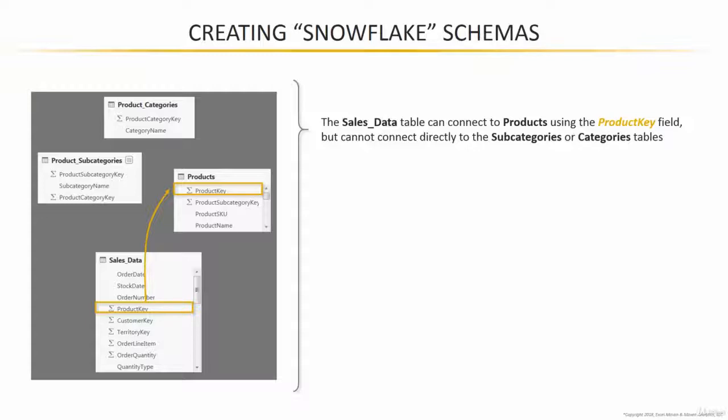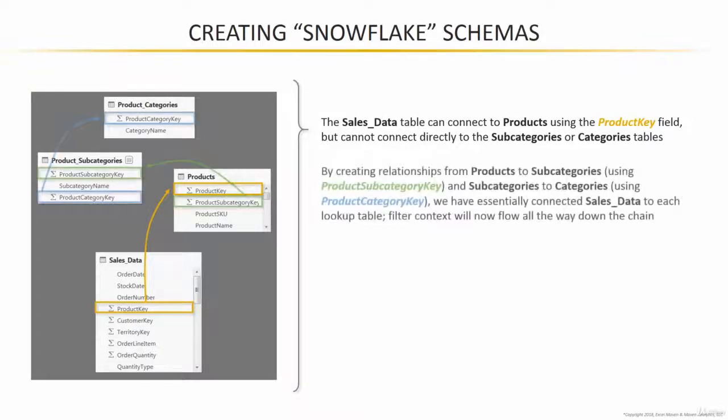But fear not, we've got an alternative, and what we're going to do here is actually connect products to product subcategories because both of those tables share a product subcategory key, and then by similar logic, connect subcategories to categories because those two share a product category key. And in doing so, we've essentially connected sales data to each of those lookups in the chain.